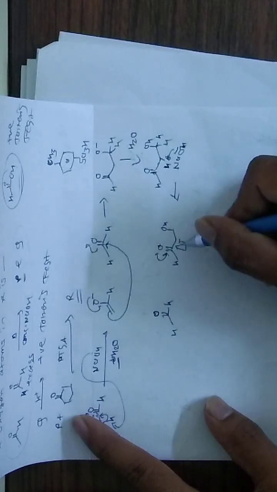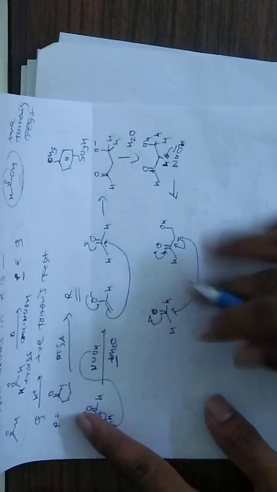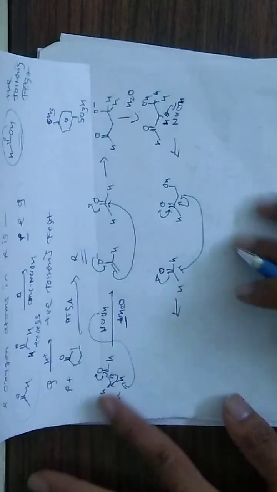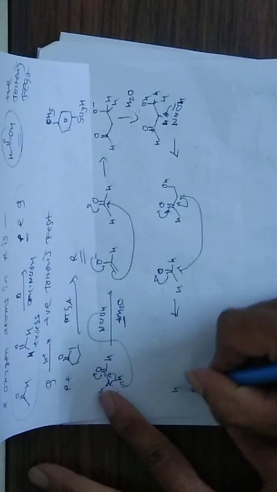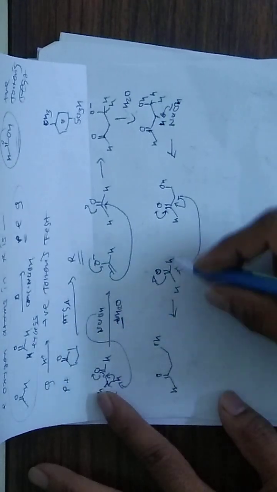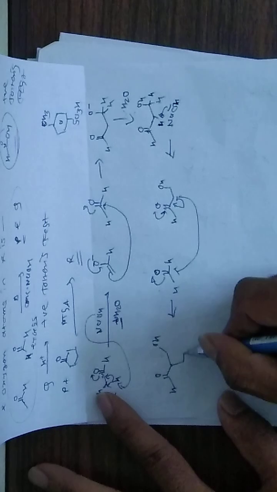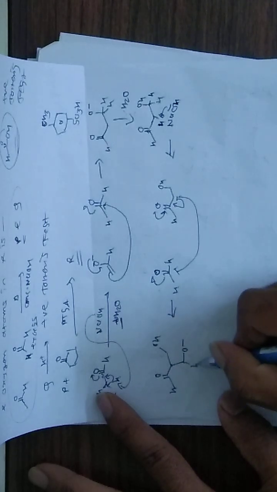So this will come back, and the negative charge will attack that carbonyl carbon and it will open. So here we get CHO, here OH, one more carbon attached, here O minus, and here 2H.